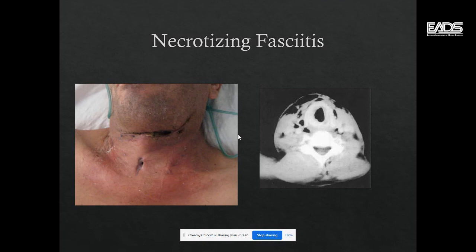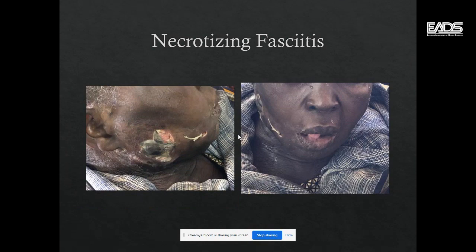I recently had a case like that, and I wanted to show you some of the pictures. This is one of the cases that I have encountered in my practice, and it is very rare to find, but it is a very disfiguring disease.